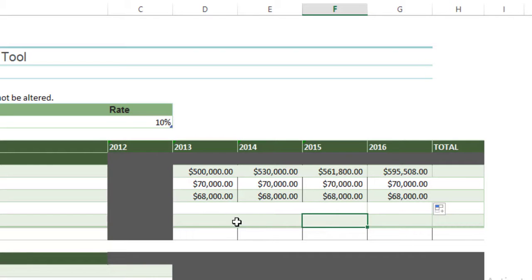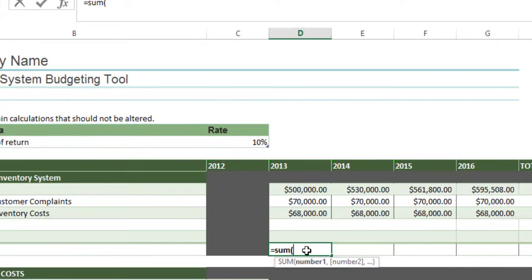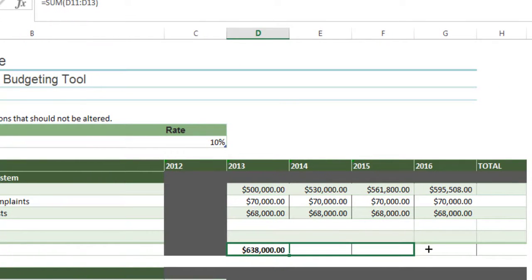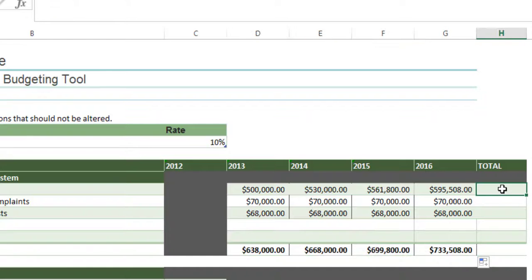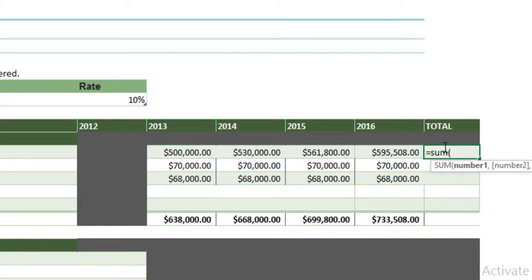After that, we now need to compute what are the total benefits. And to compute the total benefits, we just need to say sum, and then we drag that range and we press enter. It's going to give us that total, and then we can autofill for the rest of the columns. The same way, we can get the total at this particular point by saying equal sum, and then we select that particular range and you press enter.